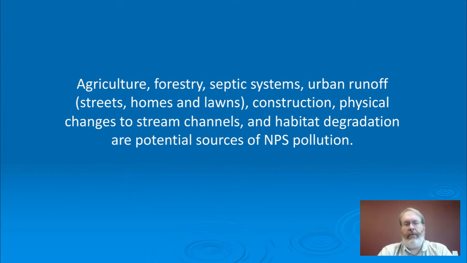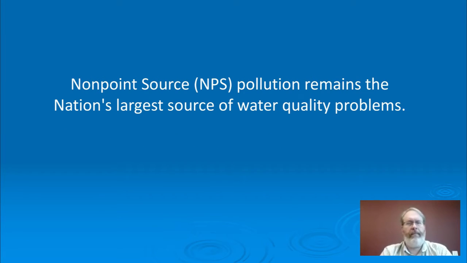Examples can come from agriculture, forestry, septic systems, urban runoff, including your streets, your homes, your lawns, construction sites. It also includes physical changes to stream channels and habitat degradation. Non-point source pollution remains the nation's largest source of water quality problems.